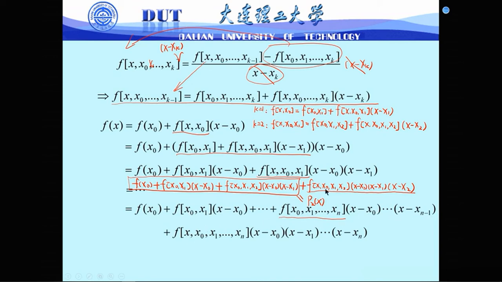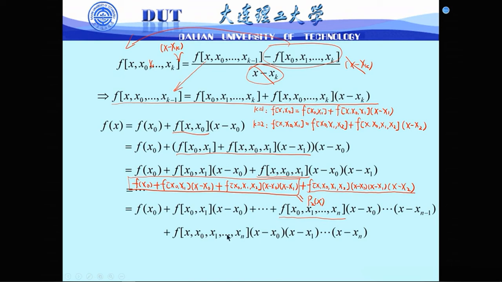And plus, similar to this, because here it is x0 to xn, so here should be f[x, x0, x1, to xn], then multiplied by (x minus x0), (x minus x1), to (x minus xn). It's okay? So here is 2, then here is n, and here is 2. Now you see, 2 and 2, n and n.